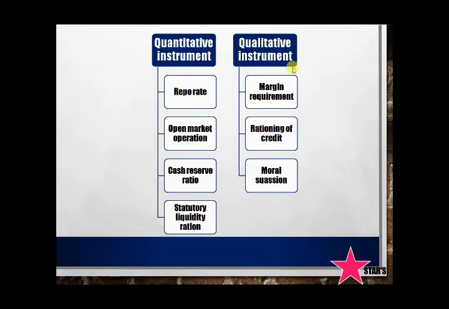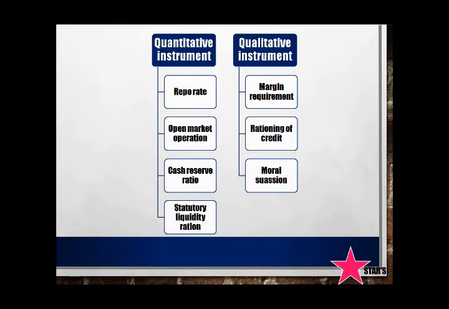Quantitative instrument relates to the overall quantity of money in the economy. The availability of credit is squeezed when there is an inflationary pressure in the economy, and it is expanded when there is economic slowdown or recession.